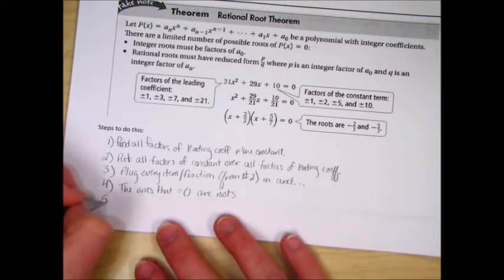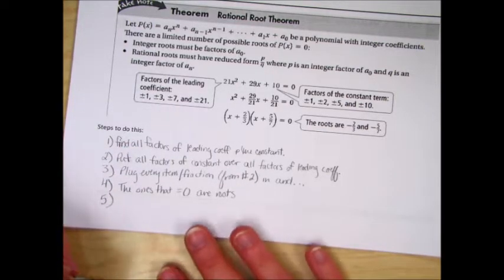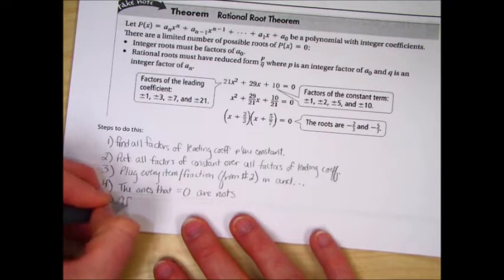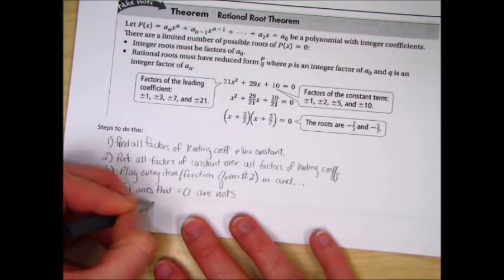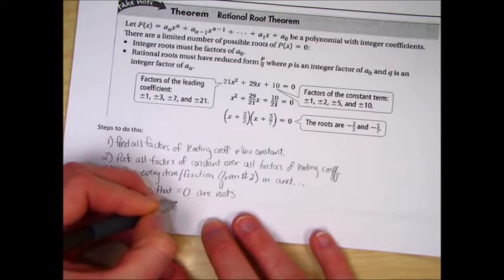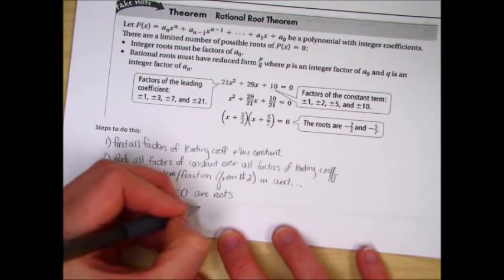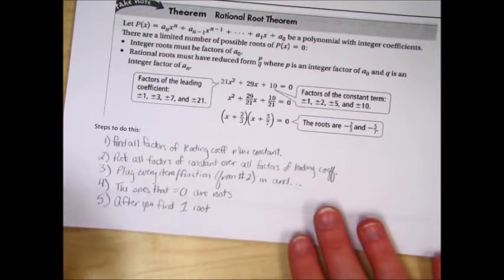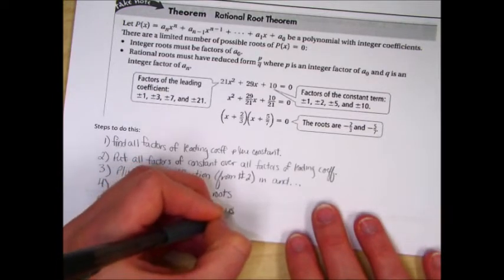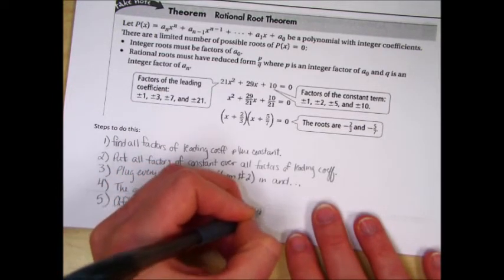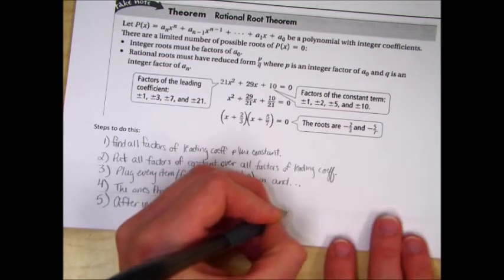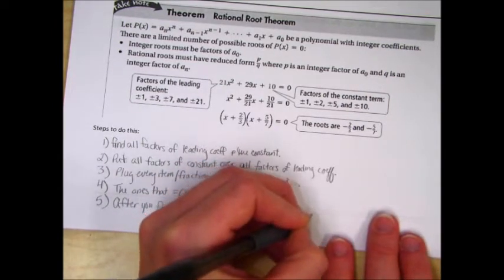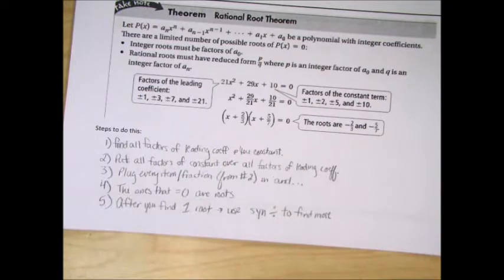Then in step 5, after you find one root, so you don't have to keep going, you can use synthetic division to find more. If you don't want to sit there and plug them all in, after you find one that equals 0, you can move on to use synthetic division to find the others.